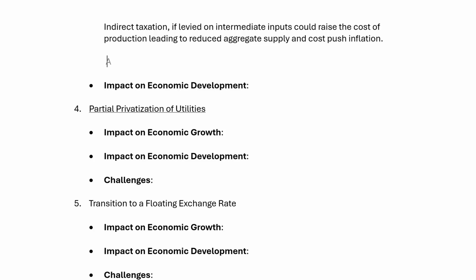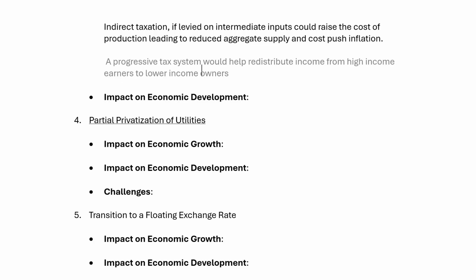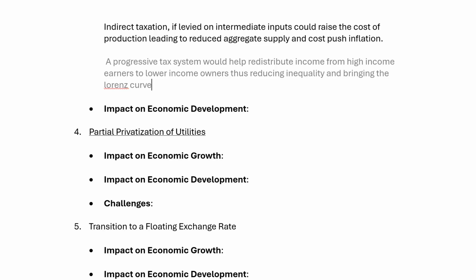A progressive tax system would help redistribute income from high-income earners to lower-income earners, thus reducing inequality and bringing the Lorenz curve closer to the 45-degree line of equality and a reduction to the Gini coefficient.